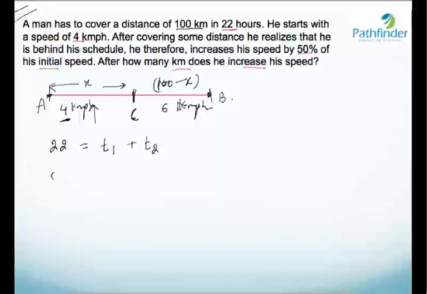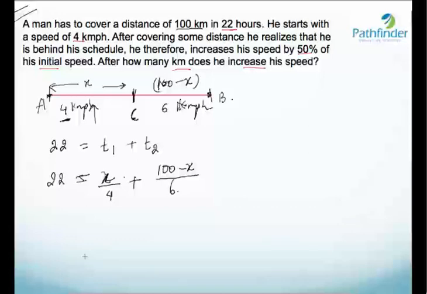So now we have a simple equation: 22 is equal to t1 plus t2. What is the value of t1? x, which is the distance, divided by 4. What is the value of t2? 100 minus x, that is the distance, divided by 6.